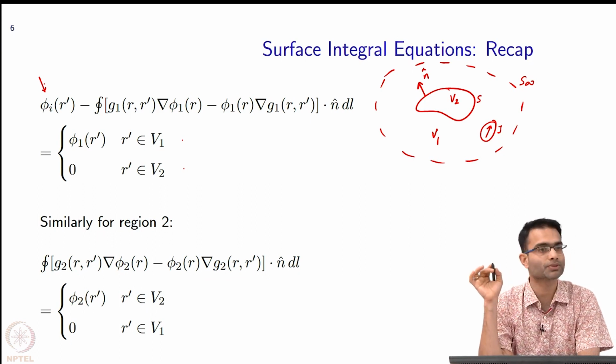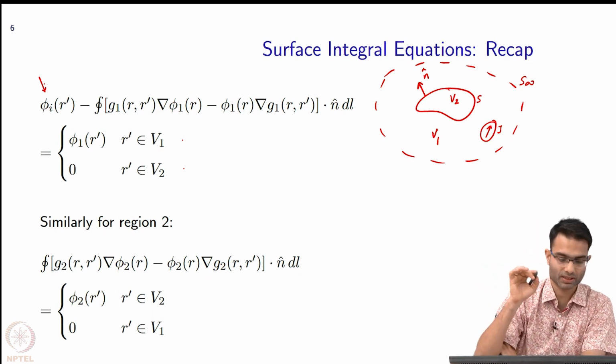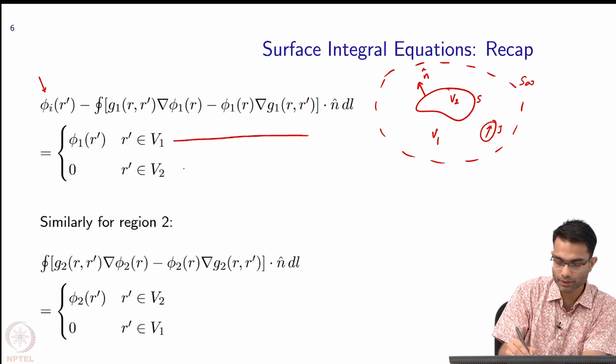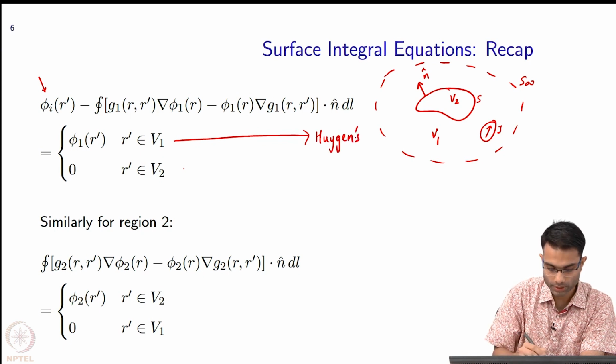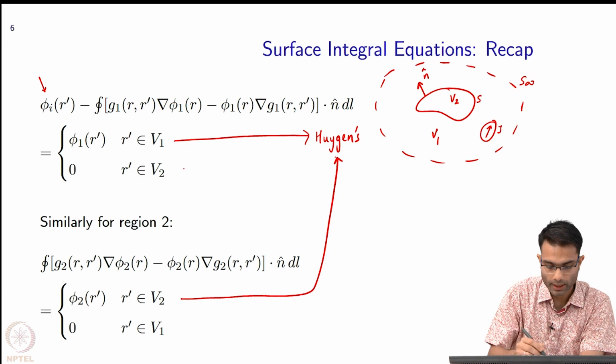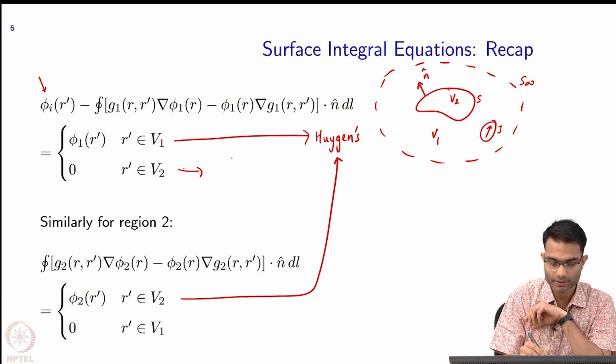We had even given names to these equations. So, the first equation, what did we call it? Huygens principle. Similarly for here, and this one we called extinction theorem.